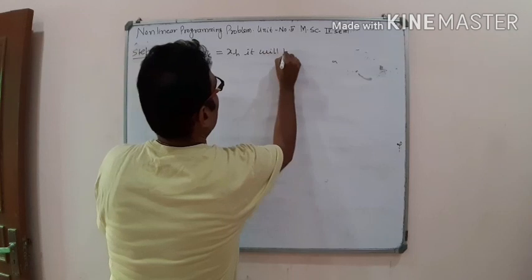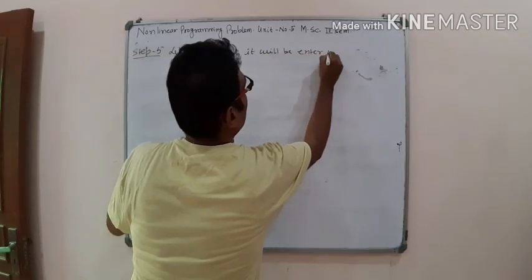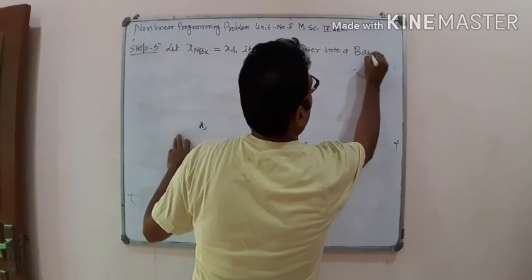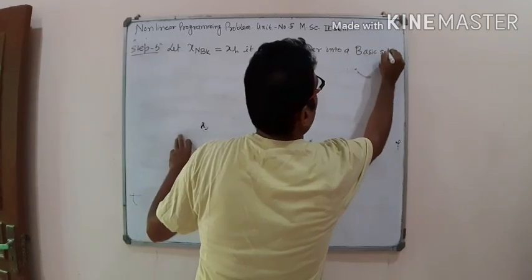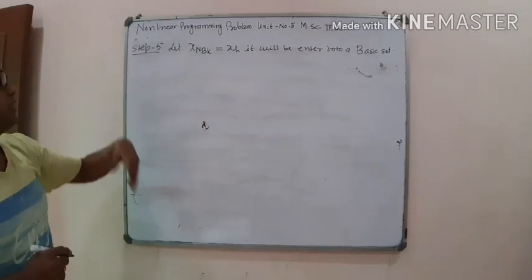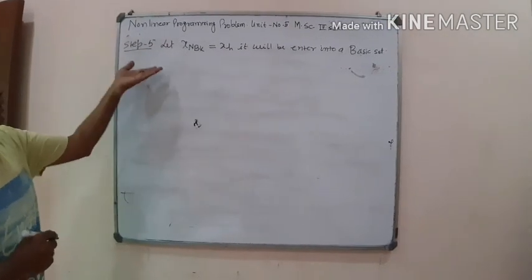How can we identify this particular variable entering the basic set? We just refer to the previous step.